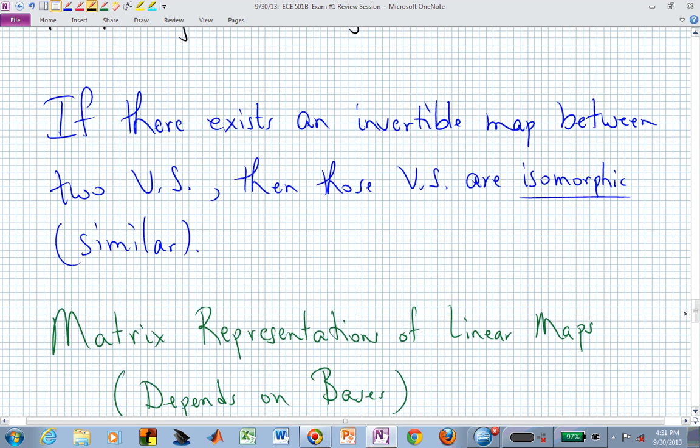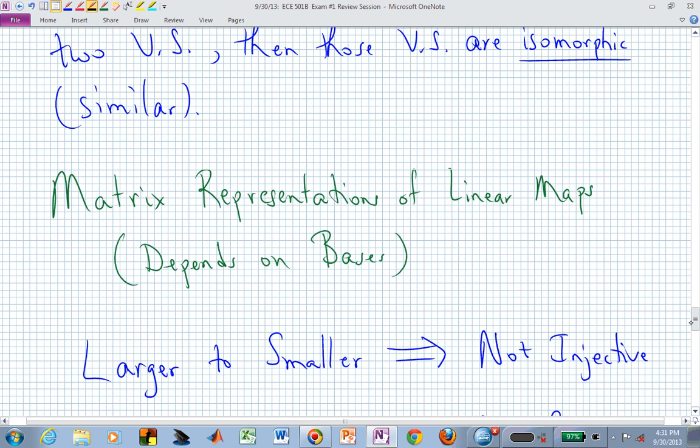And once it's invertible, then you can go back and forth between these two vector spaces, or these two vector spaces are similar or isomorphic. It'd be nice to be able to create matrix representations of these linear maps, and that depends on the basis. You should be able to build up a matrix representation of linear maps given a set of basis vectors.